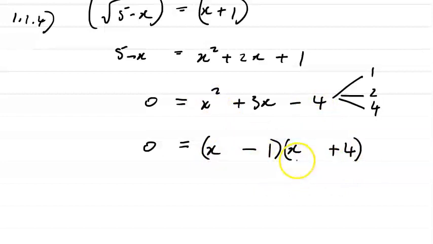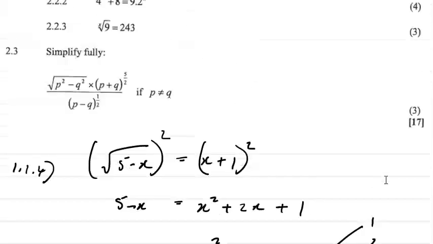Negative x if I multiply the inner terms, and positive 4x if I multiply the outer terms, which leaves me with positive 3x. So therefore, if I solve for x now, x equals positive 1 or x equals negative 4. Now, the last step is to do your test to check whether your answers are correct.